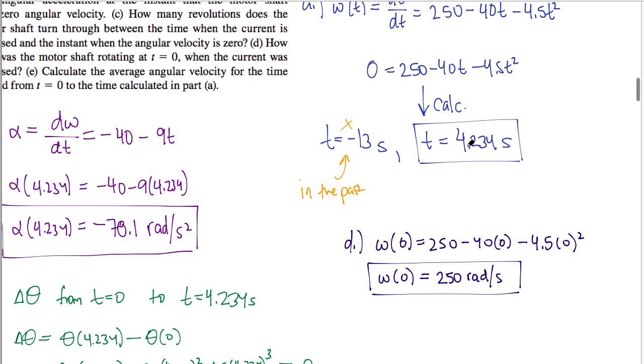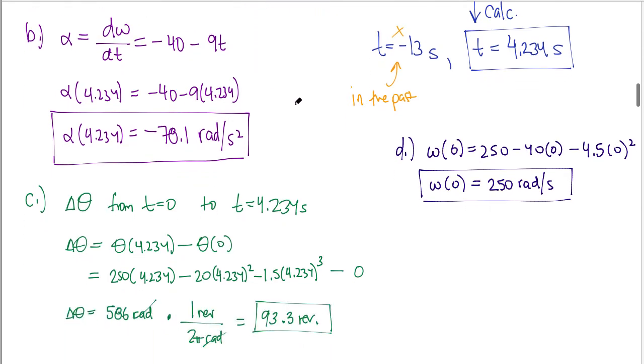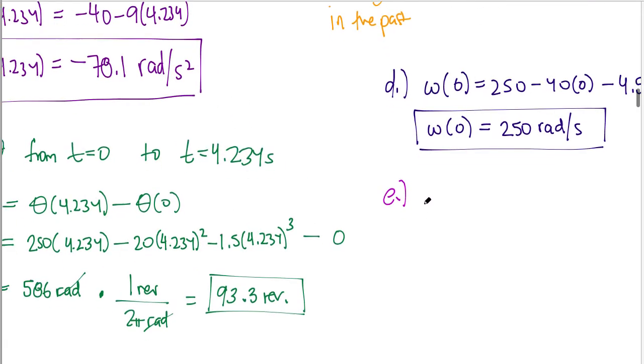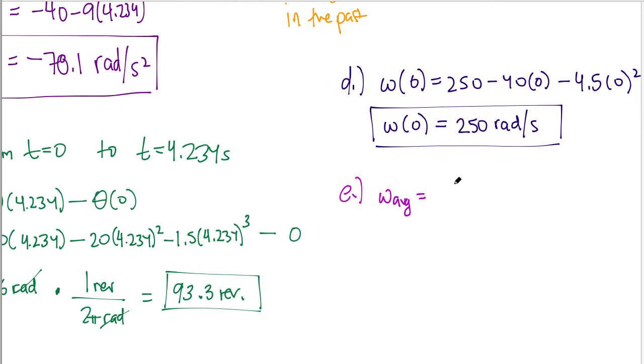Finally, we have part E, which says to calculate the average angular velocity from t equals 0 to the time calculated in part A. For E, I'm going to zoom in here. Omega average is going to be equal to, actually, let's try this differently, delta theta over delta t.